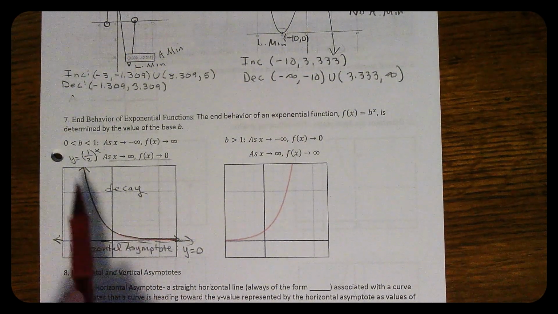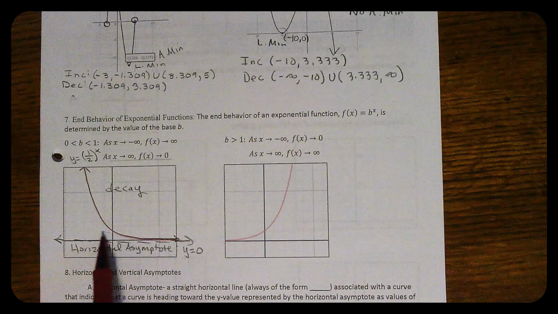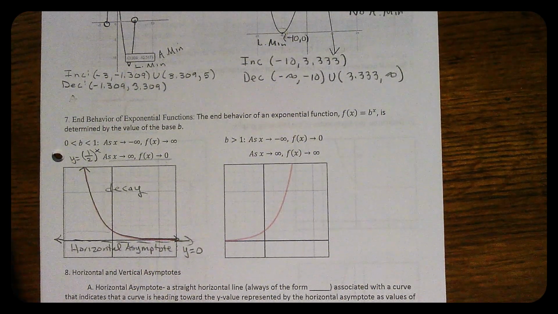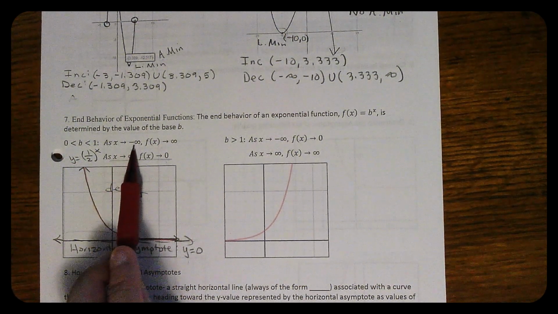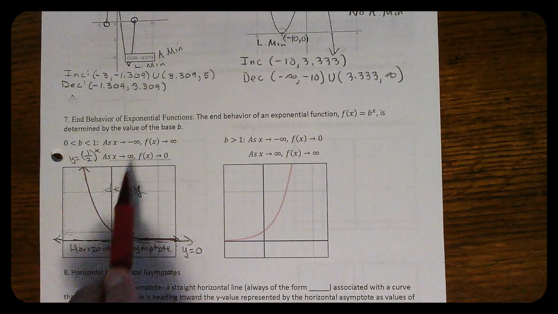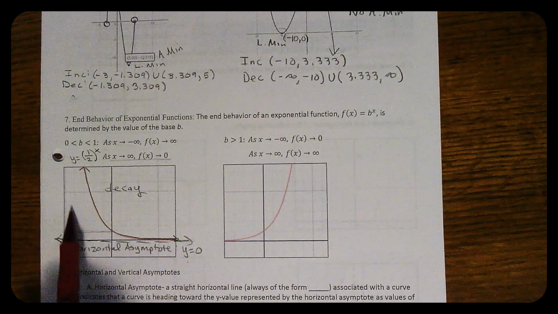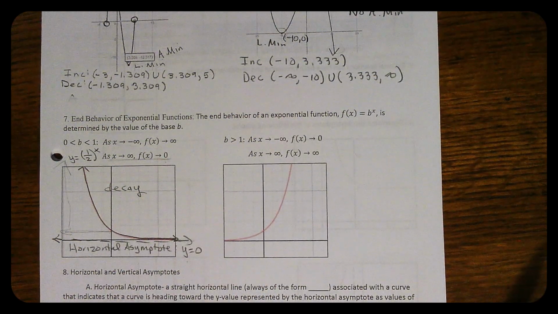Now this doesn't happen with exponential functions as you go in the other direction. As x gets smaller and smaller, y is going to get bigger and bigger. As x goes to negative infinity, in other words, as x goes to the left, y is going up and up and up. That means towards infinity.